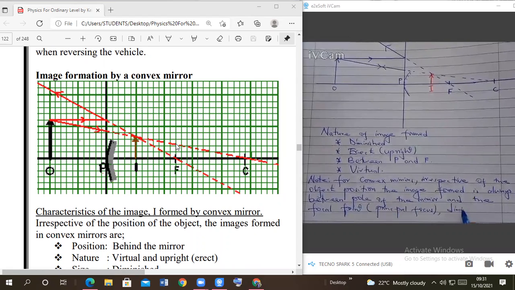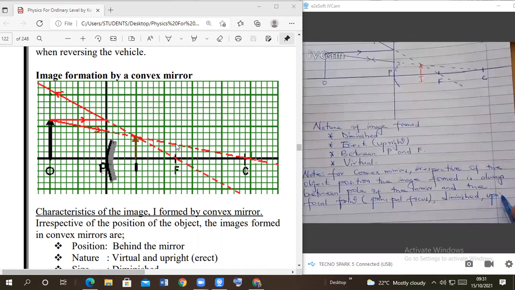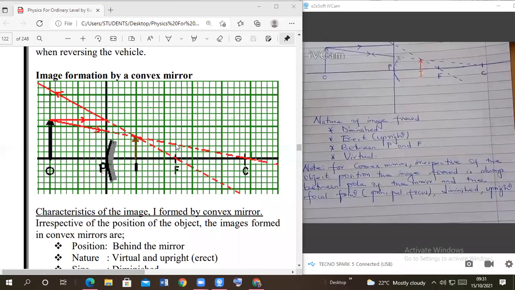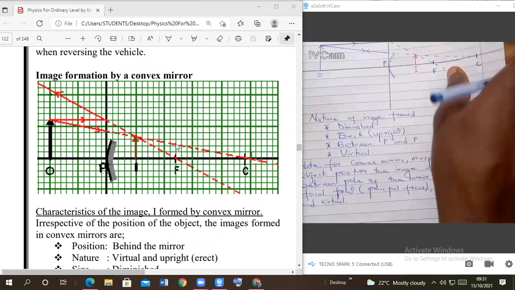Diminished. The image is still diminished. Upright, and virtual. Upright and what? Virtual. Upright and virtual.